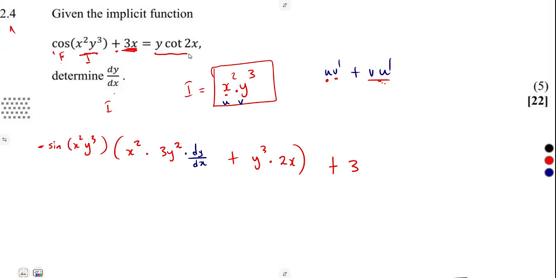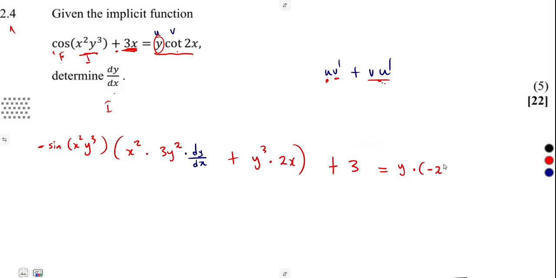Then y cot 2x. On the other hand, we can see that's a product, just like this one. We've got u and v. From our product rule, u is y there. So that's y times the derivative of v, which is cot. Remember, cot, when you differentiate, is going to be negative 2 cosec squared of 2x.